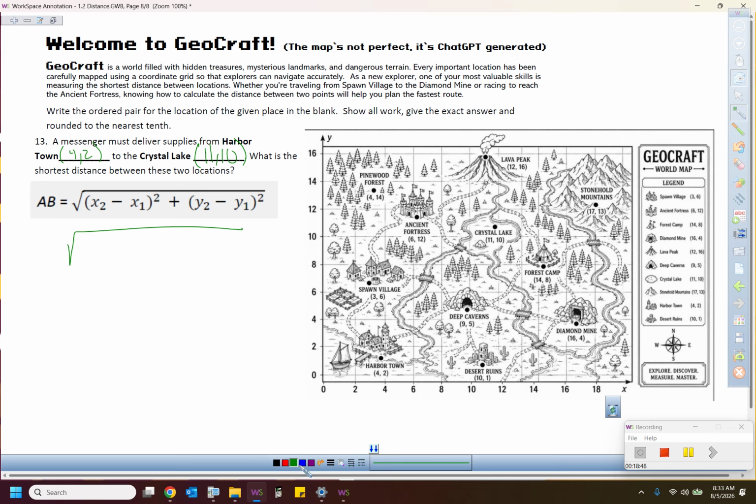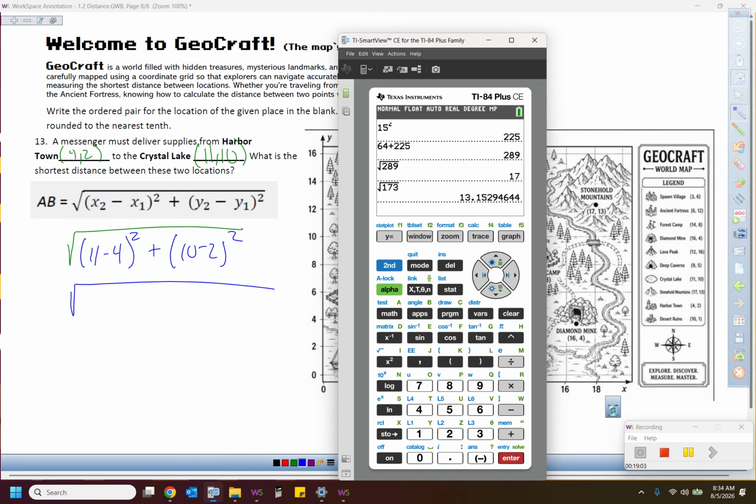The x's, I'm going to do 11 minus 4, quantity squared, plus the y's minus each other, 10 minus 2, quantity squared. And then 11 minus 4, just double checking, pretty sure it's 7. Yep.